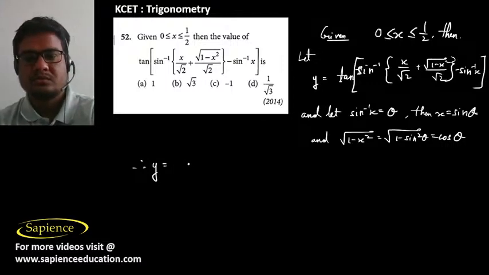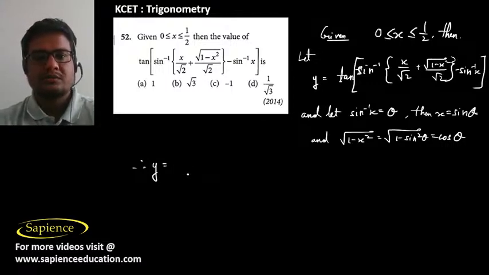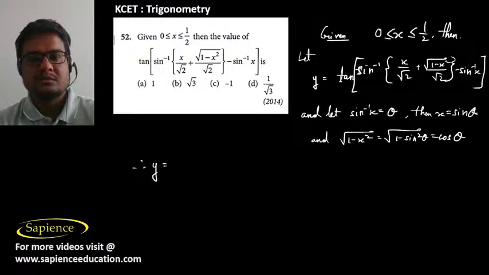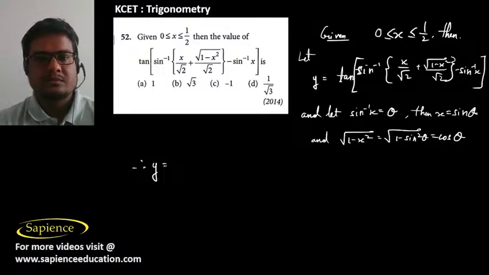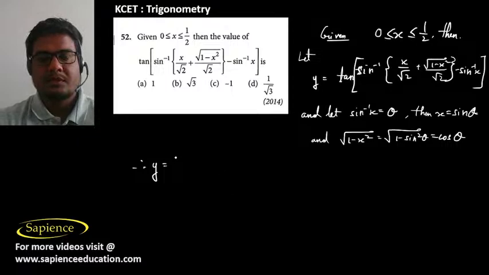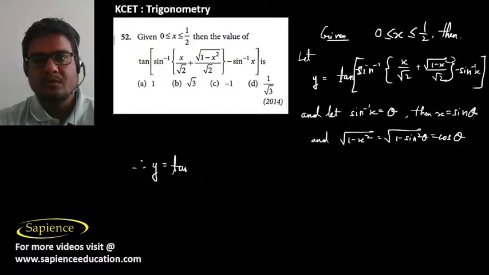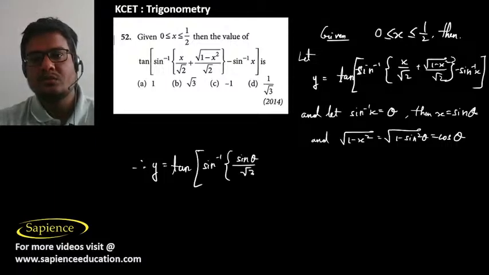So now, therefore, the expression y can be written as tan of sine inverse of sine theta by root 2 plus cos theta by root 2, minus theta.